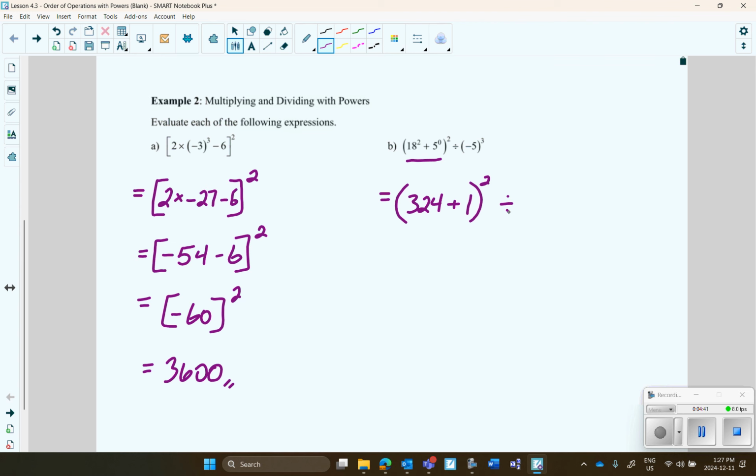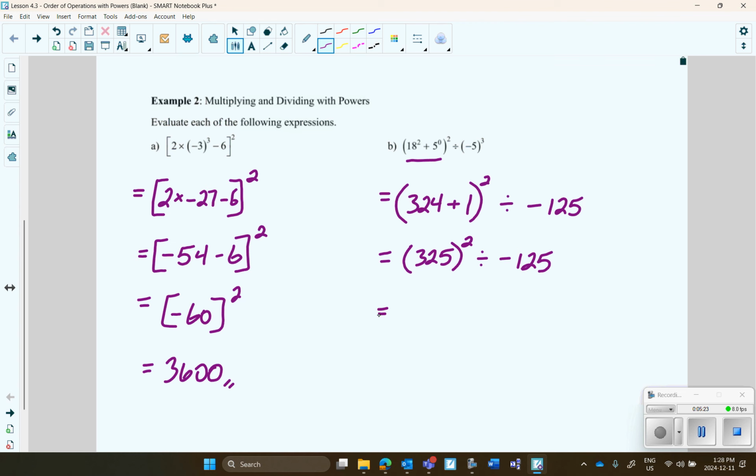I could do this at the same time. Negative 5 times negative 5 times negative 5 gives us negative 125. All right. What's next? Gotta add these two inside the parentheses. And now I got to square the 325, which definitely you need a calculator for.